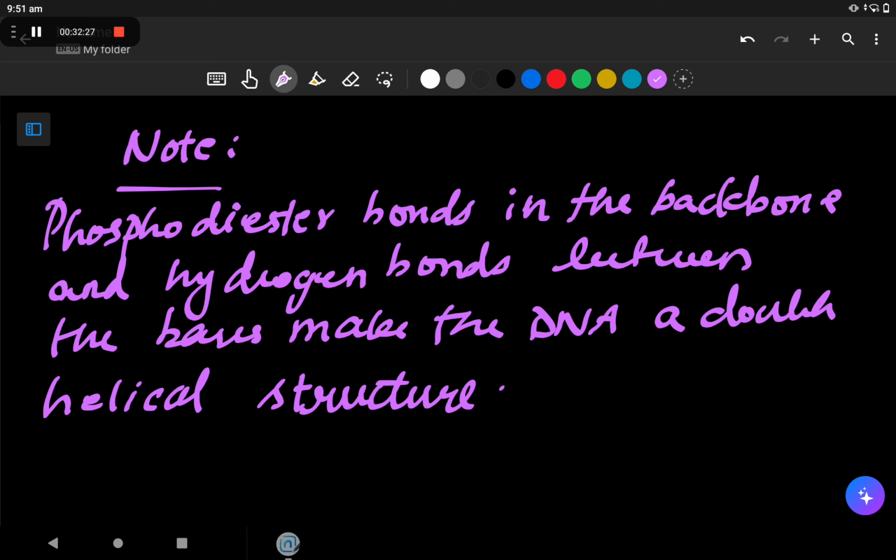Okay, the phosphodiester bond is the backbone and the hydrogen bond between the bases will make the DNA a double helical structure.